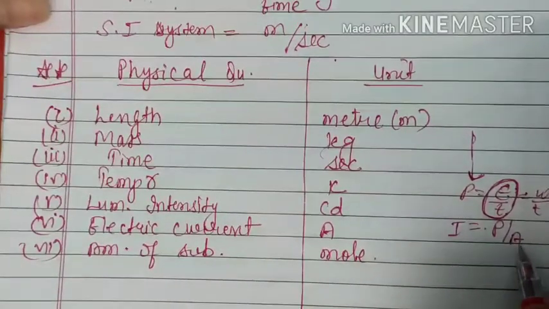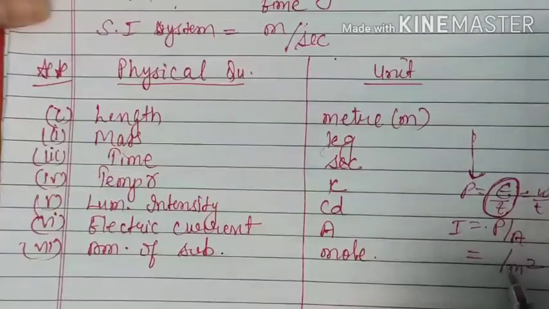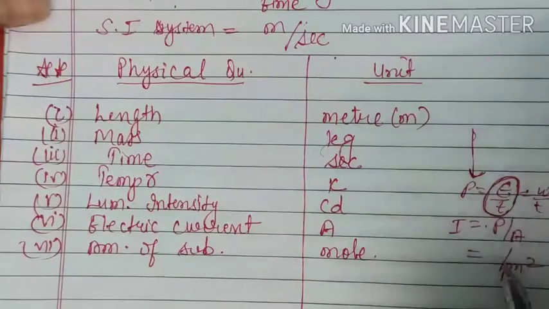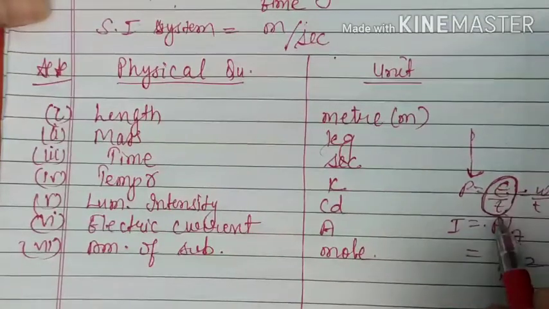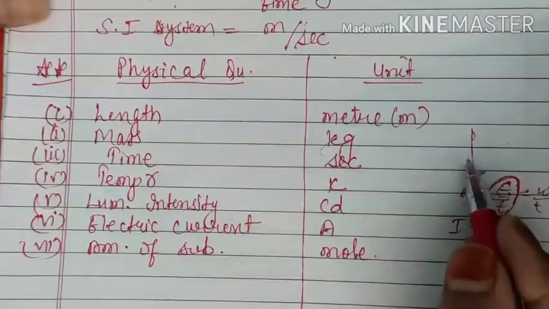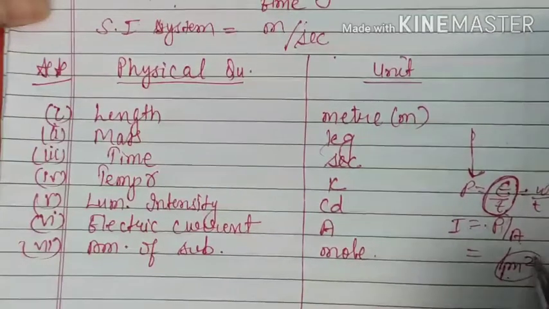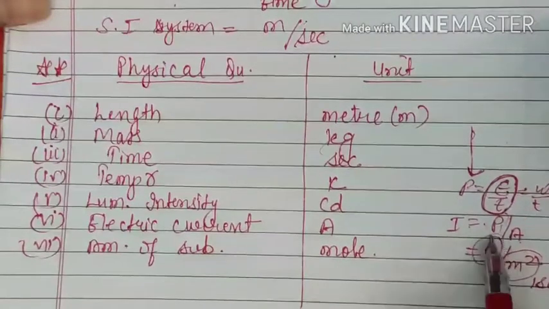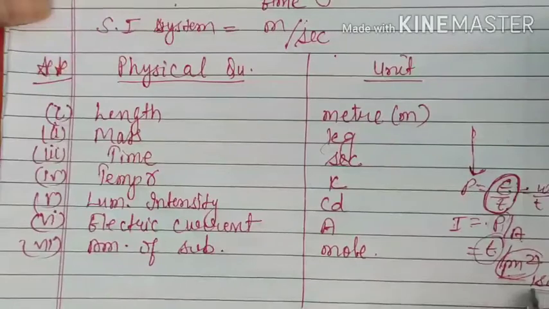We know the SI unit of area is meter square. So on 1 meter square, how much power of light energy is falling? Power means energy per unit time. That means how much light energy is falling on 1 meter square area in 1 second.